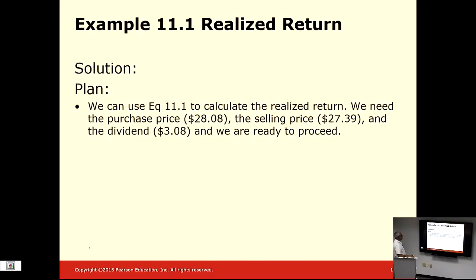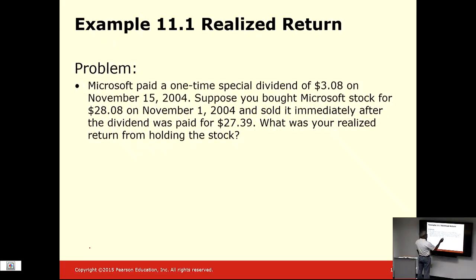So here is a quick example. Microsoft announced a special dividend of $3.08. You bought the stock at 28.08 and sold it immediately after the dividend was paid at 27.39. What's your realized holding period return?